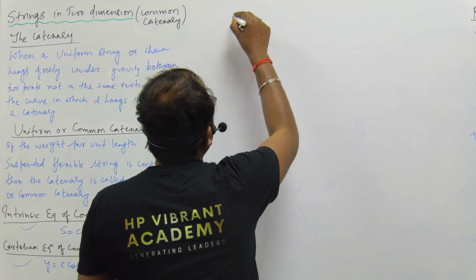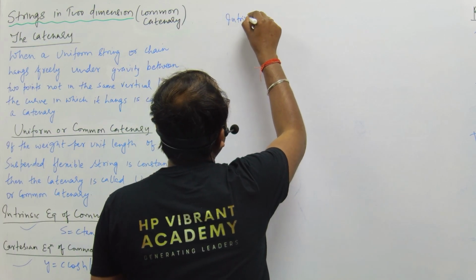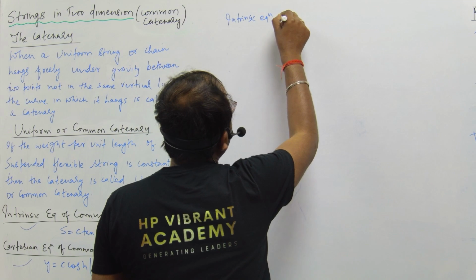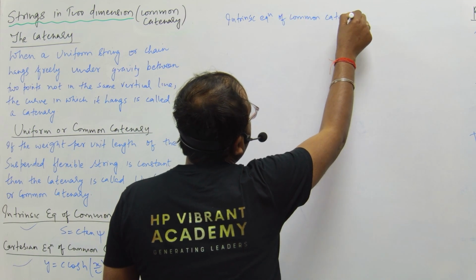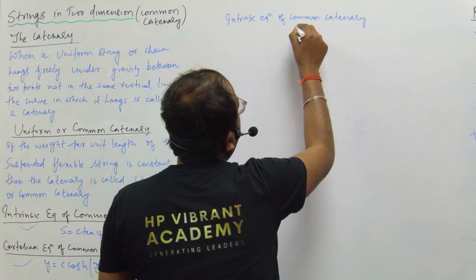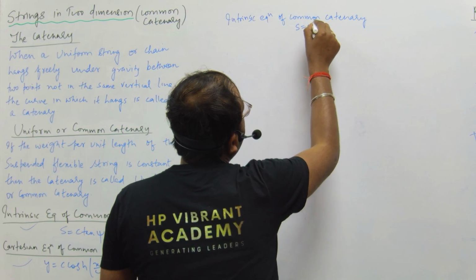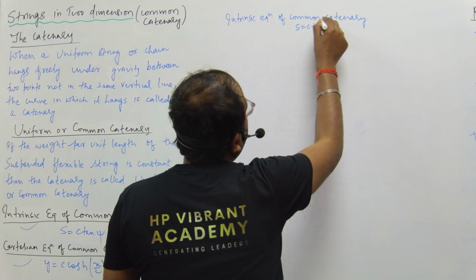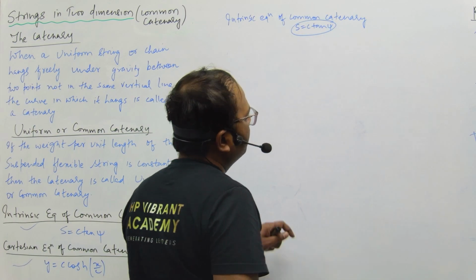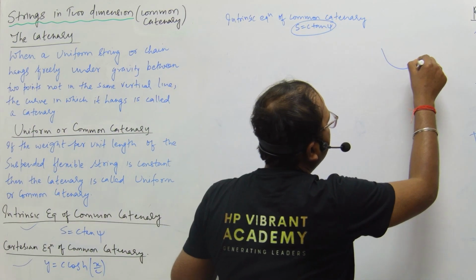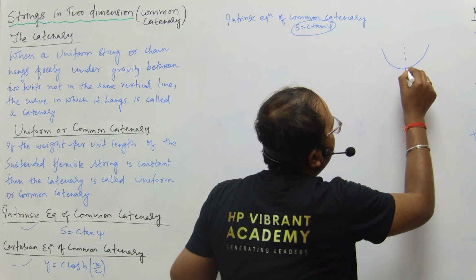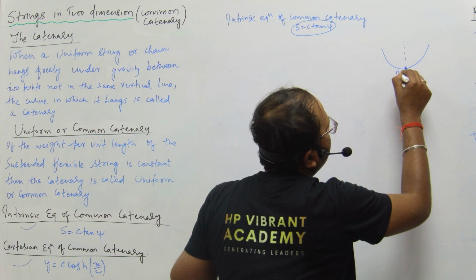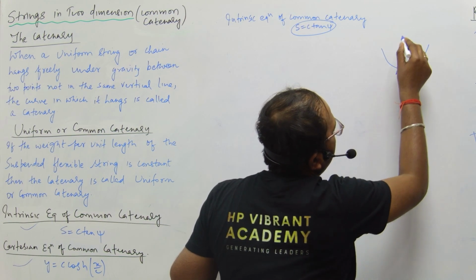So we have the intrinsic equation of common catenary. Common catenary is given by s is equal to C tan psi. Okay, so we have the catenary like this. Let us take this point A as the lowest point, and this is the axis of the catenary.